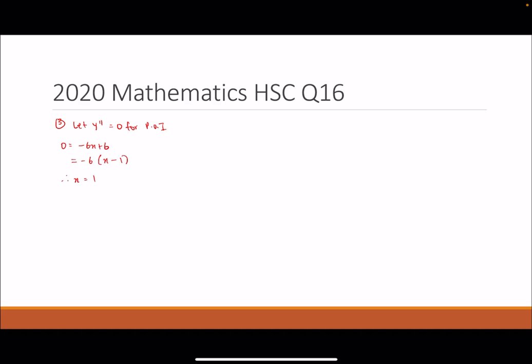To determine whether this is a point of inflection, we have to prove a change in concavity. And how do we do that? Well, we have to use a table of values. So let's get our table of values up. x equals 1 is in the middle, and then I'm going to test the points to the left and to the right of x equals 1.